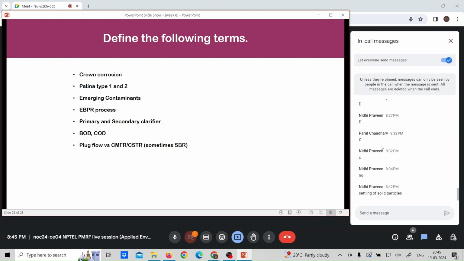This can be a batch system. Most probably, you can have it as a batch system, completely mixed batch reactor. Okay, CSTR is continuously stirred tank reactor. I think that you are clear. Sequential batch reactor is what we call SBR. I think I spoke about SBR in the last live session.